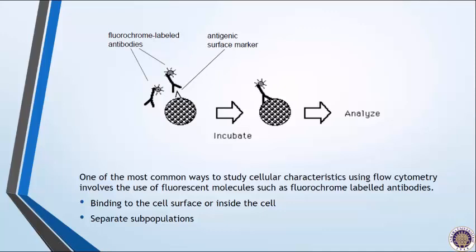Finally, when laser light of the correct wavelength strikes the fluorochrome, a fluorescent signal is emitted and detected by the flow cytometer. When a fluorescent dye is conjugated to a monoclonal antibody, it can be used to identify a particular cell type based on the individual antigenic markers of the cell. In a mixed population of cells, different fluorochromes can be used to distinguish separate subpopulations.